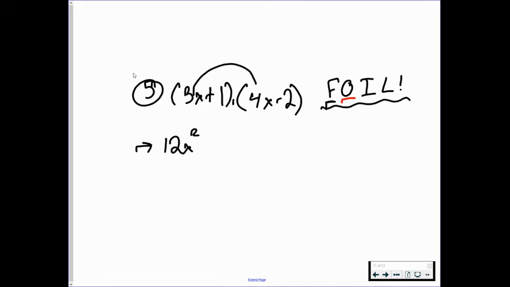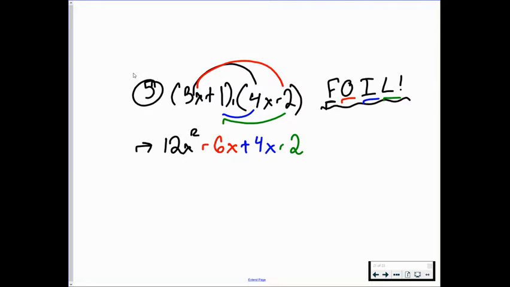O stands for the outer terms. 3x times negative 2 is negative 6x. I stands for the inner terms. 1 times 4 is 4x. And then the last letter L stands for the last two terms. 1 times -2 is -2.